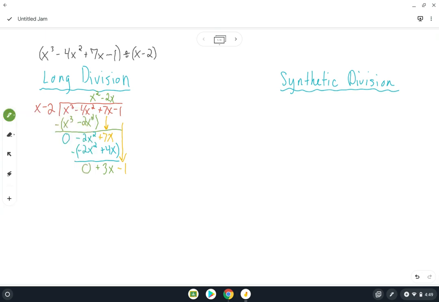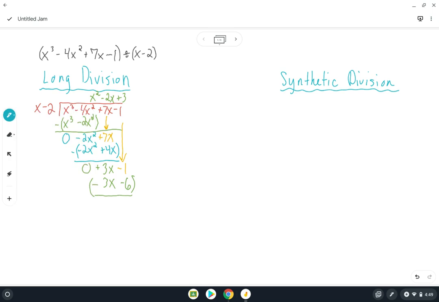So x goes into 3x 3 times. 3 times x is 3x. 3 times negative 2 is negative 6. And now we'll get to see our remainder. So whenever you divide numbers, unless they're a factor of them, you'll have some remainder. So I think we'll see that happens here.